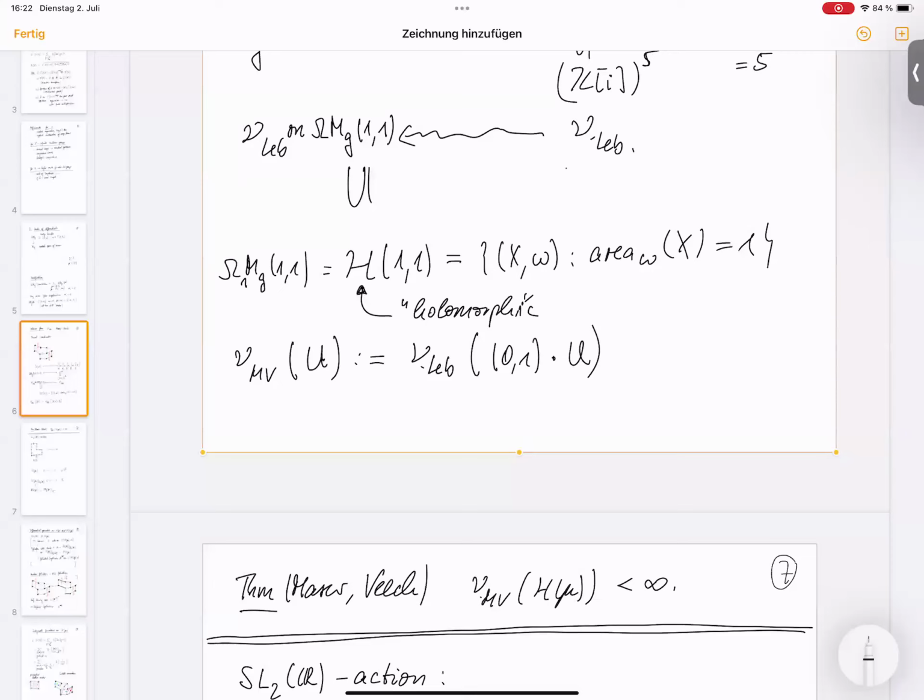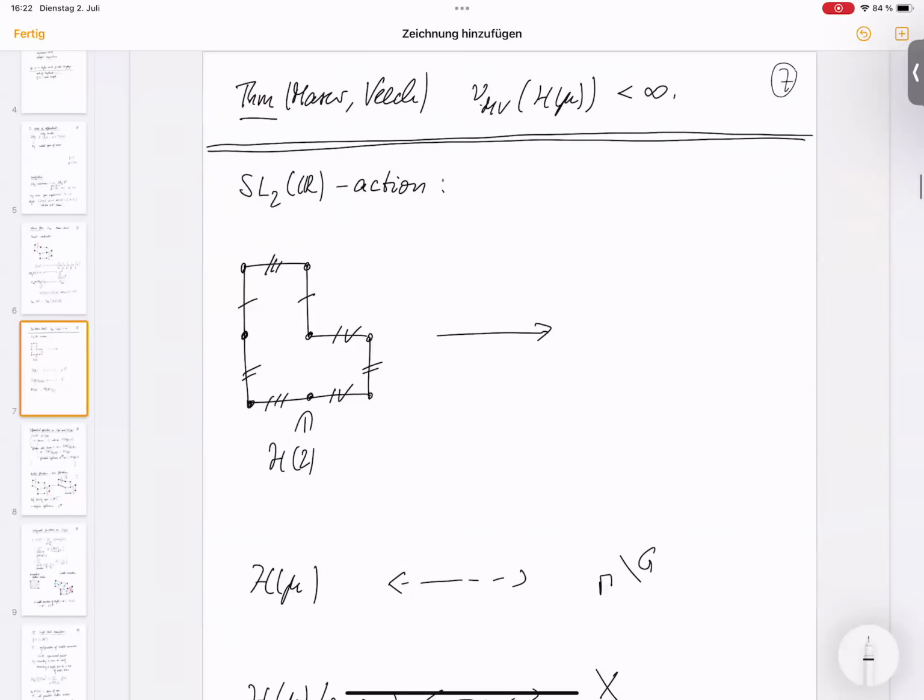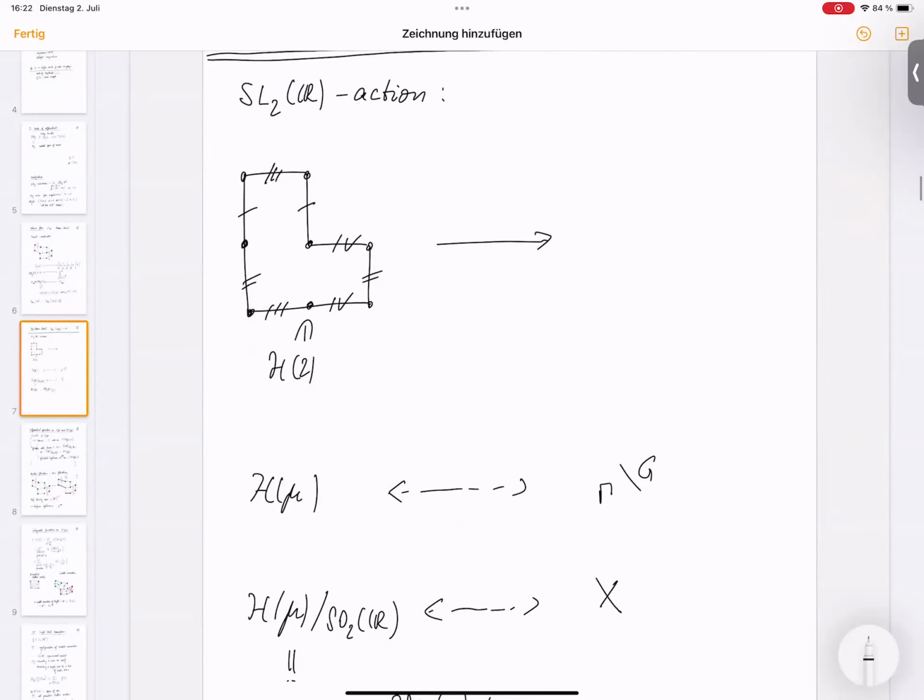Now we have those strata and they have a finite measure, but why should they have any behavior like the modular surface, which were quotients of symmetric spaces? Well, on the strata, there is at least a pretty big Lie group acting, just as on the modular surface, namely SL2.